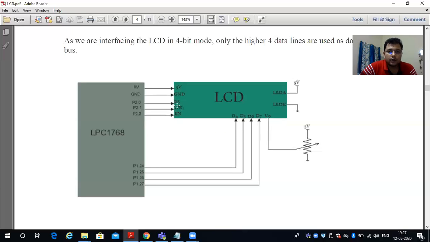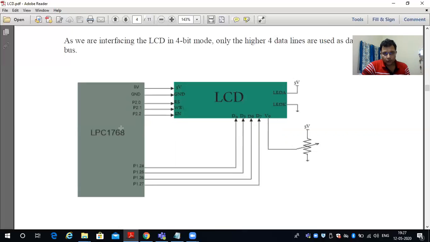Then RS and enable. For these 2 signals, we require 2 pins. So here we are using port number 2, pin number 0, and port number 2, pin number 2. Any pin which may act as a GPIO pin, and that also we have to configure as an output pin.